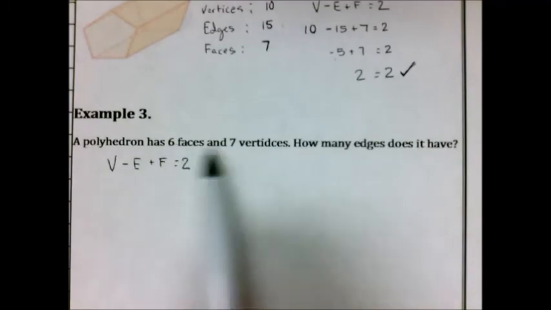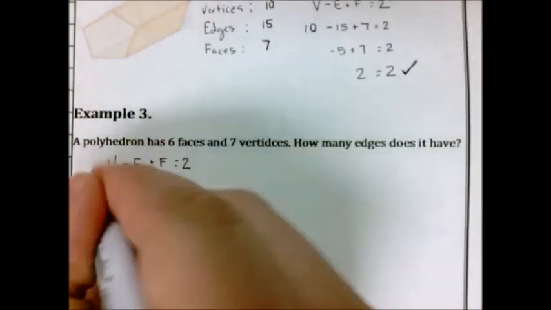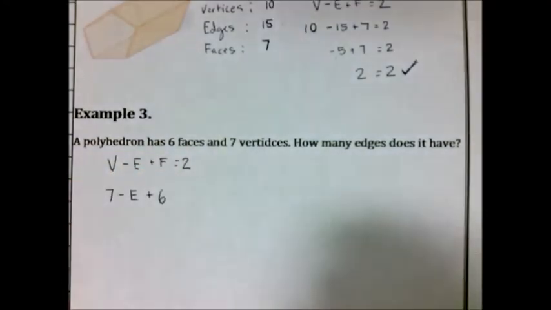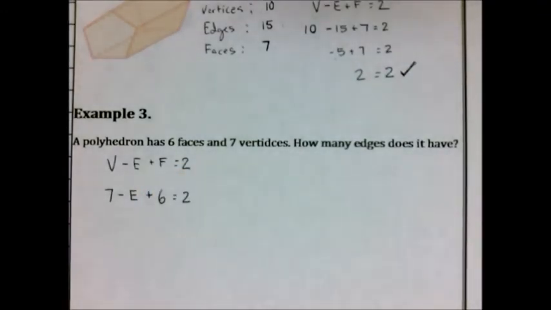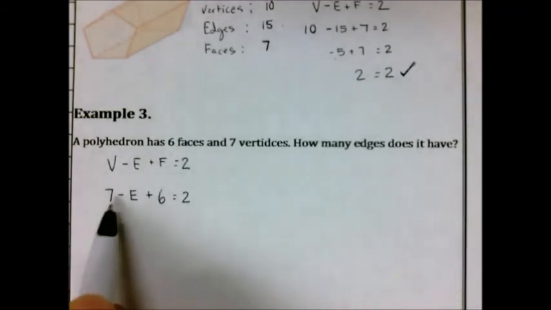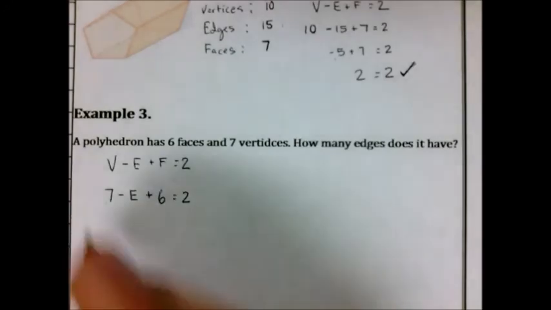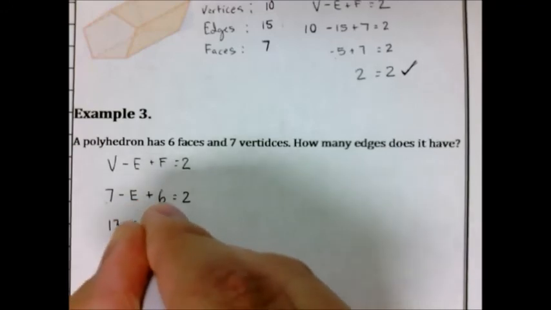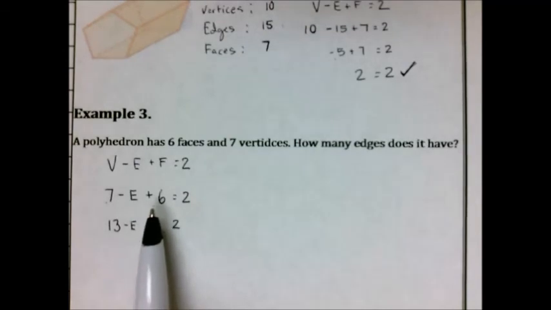All we have to do is plug in these numbers. There's 6 faces, so we're going to put 6 in for F. There's 7 vertices. And we want to know how many edges there are, so we're going to leave E as our variable and just solve for E. First we can combine like terms. These two constants, 7 plus 6 is 13. This is 13 minus E. Remember, we can do that because of the commutative property of addition.